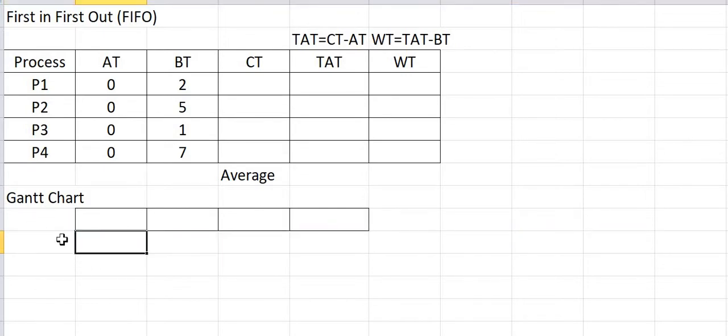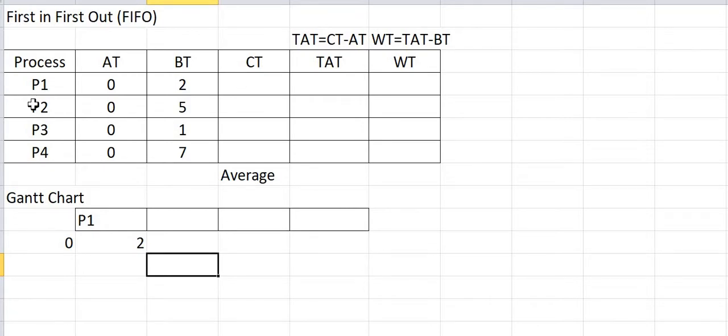So far we have the processes. We know these processes arrived at the 0th millisecond, so the order in which we send them is the process ID. The first process is P1. Its burst time is 2. So the first process starts at 0 milliseconds and ends by the 2nd millisecond.